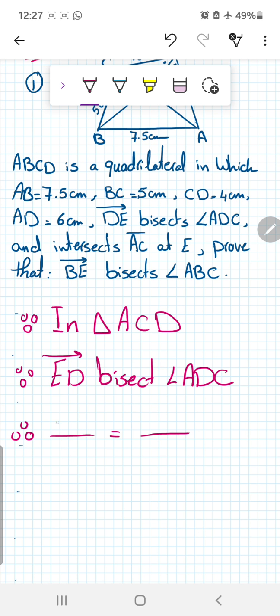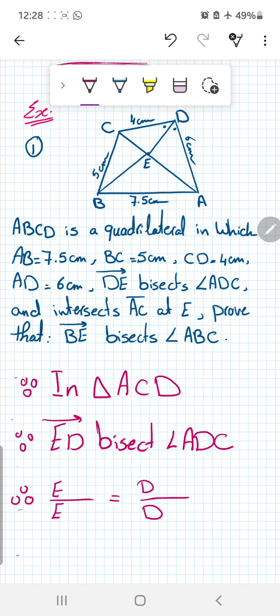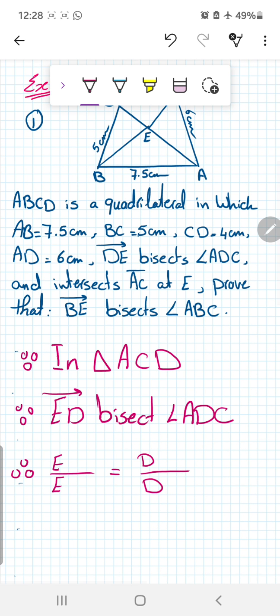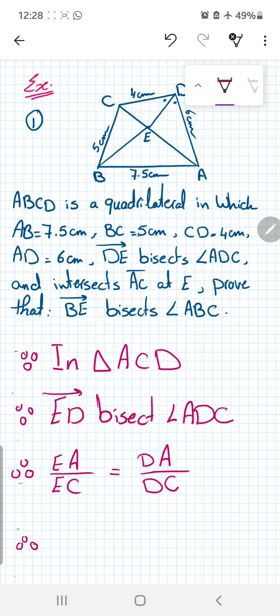Right here EA, ED, and the other two letters of the triangle, which is AC. By substitution, EA over EC, which we don't know, equals AD, which is 6, over DC, which is 4.